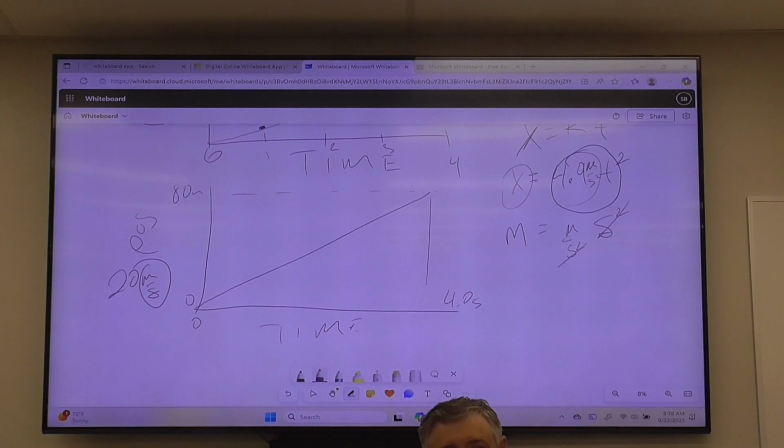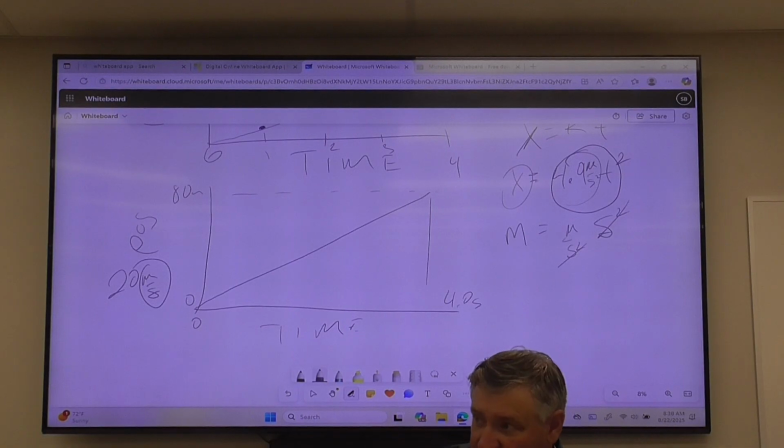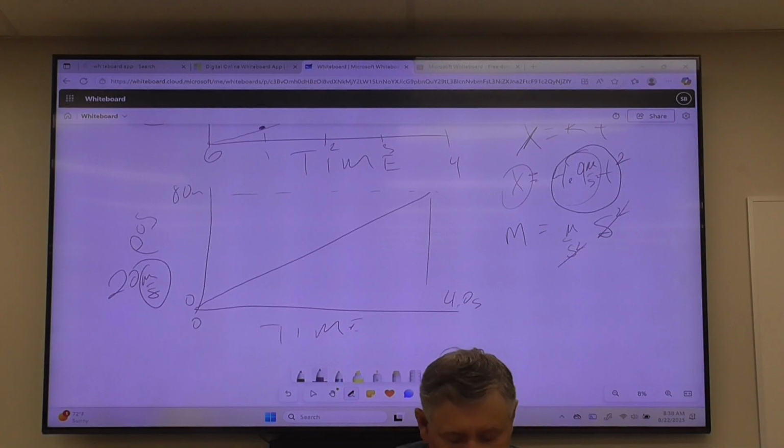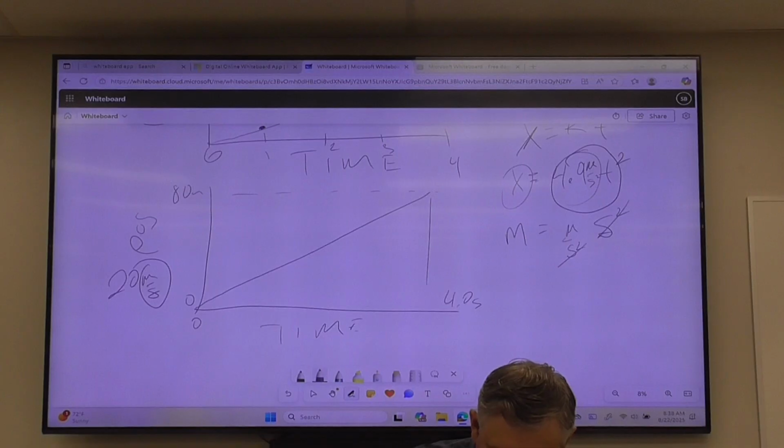Velocity, because the units are meters per second. Makes sense. So there's your answer to number 15. If it had been linear, and it's not, you would say the slope represents velocity. Now, let's talk about number 16.